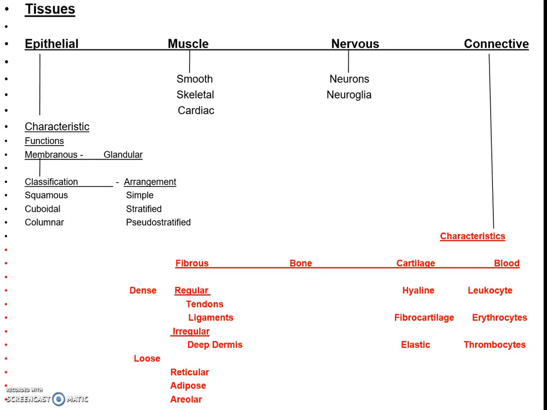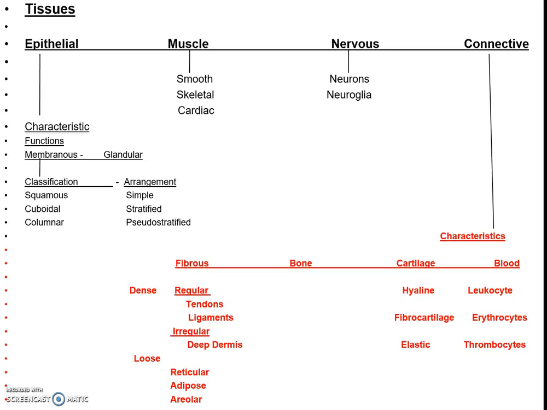So the actual cells, instead of just being determined by their shape and arrangement like they are in epithelium, have specific names and do specific jobs. But the material outside of the cell, which is non-living material, is called matrix, and it's going to be made up of protein fibers and some sort of ground substance, which can vary.